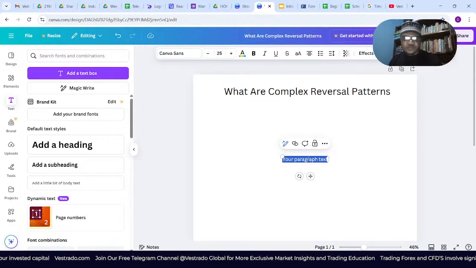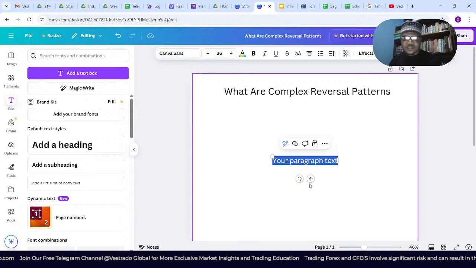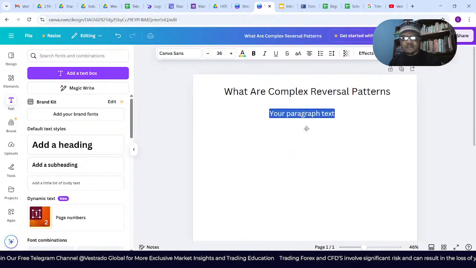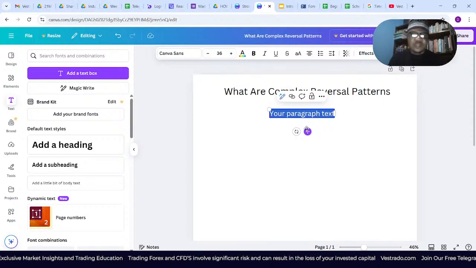There are a couple of them. Some analysts will say there are about 8 complex reversal patterns, but I find there are perhaps 4 or 5 effective ones that are applied in the markets quite frequently and commonly. So let's look at the list first.